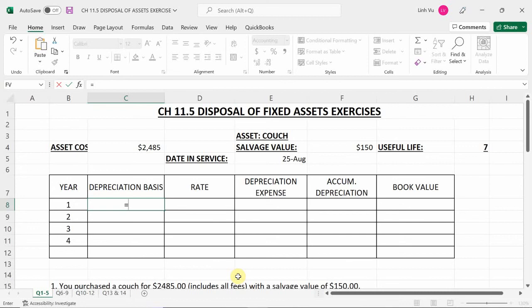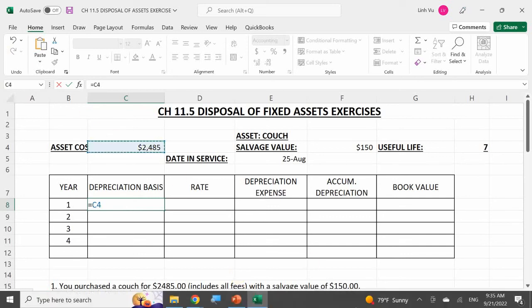No, we're still on the basis. Okay, I got 2,340.